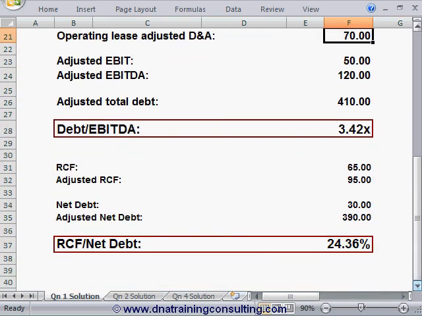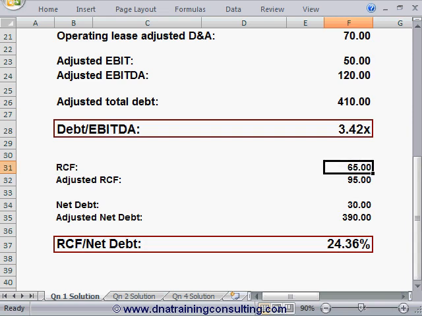But note especially in cell F26 the addition of 8 times operating rentals to the balance sheet debt from cell F9. In cell F31, the subtraction of dividends from cash from operating activities to obtain RCF before adjustment.